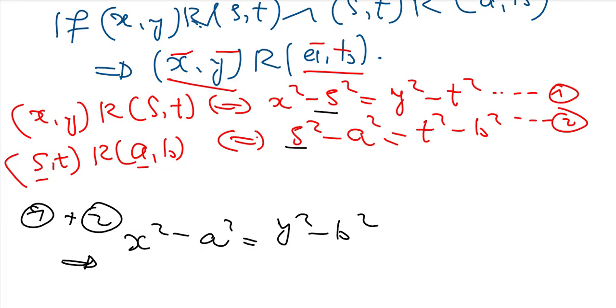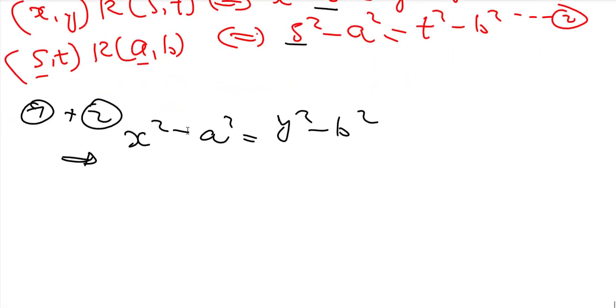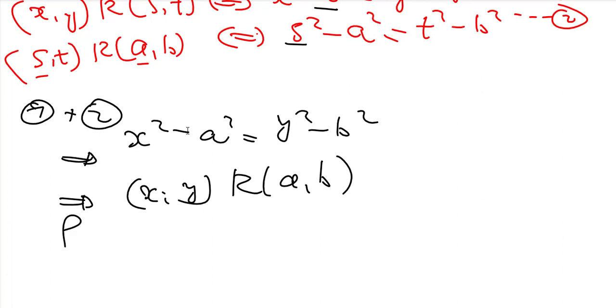So what do we have? x squared minus a squared is equal to y squared minus b squared. Now have you seen the pattern? Yes. So this means (x, y) is in relation with (a, b), hence R is transitive.